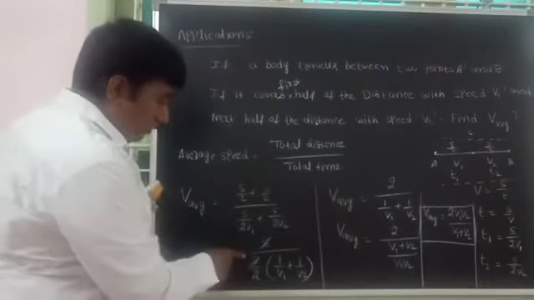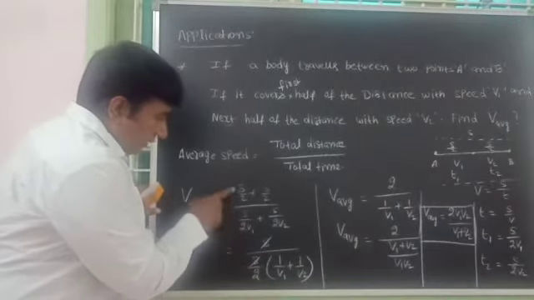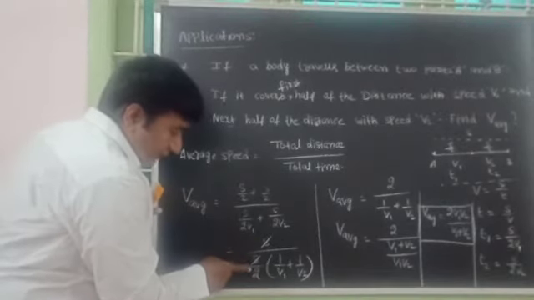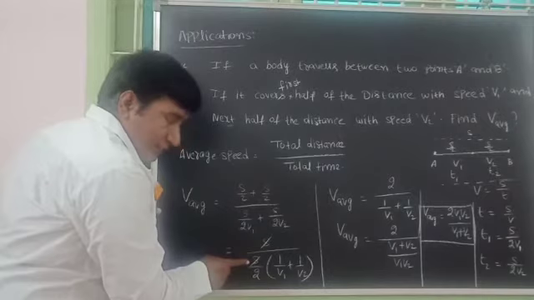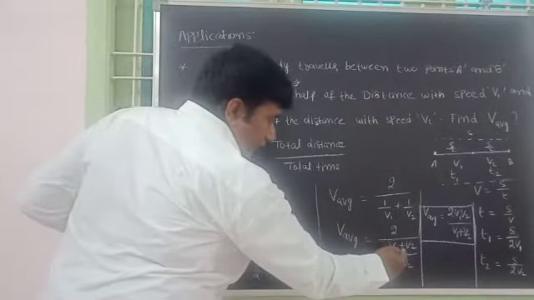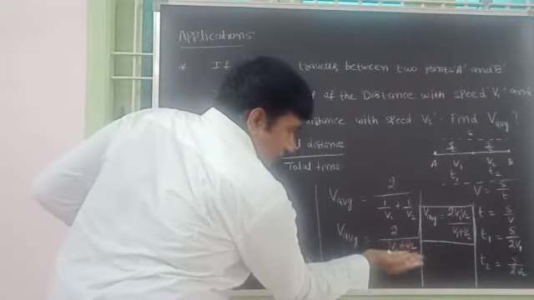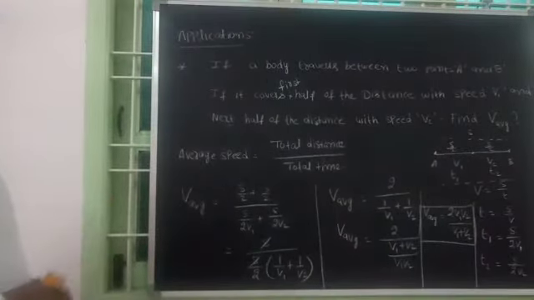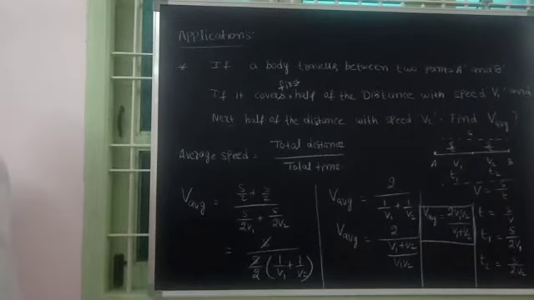Most students get confused here. S by 2 plus S by 2 is S; taking S by 2 as common, S cancels, and by taking the LCM we get v1 plus v2 by v1 v2, which comes upward. With this we can find the average speed.